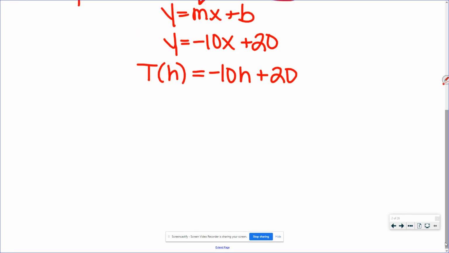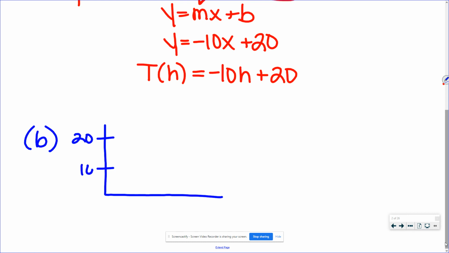All right. Part B. You can look on your notes. Part B says draw the graph of the function in part A, and what does the slope represent? So we would just do something very, very basic here and say, okay, maybe here's 10 degrees, this is the temperature, 10 degrees, 20 degrees, and then this would be the height in kilometers, temperature, degrees Celsius.